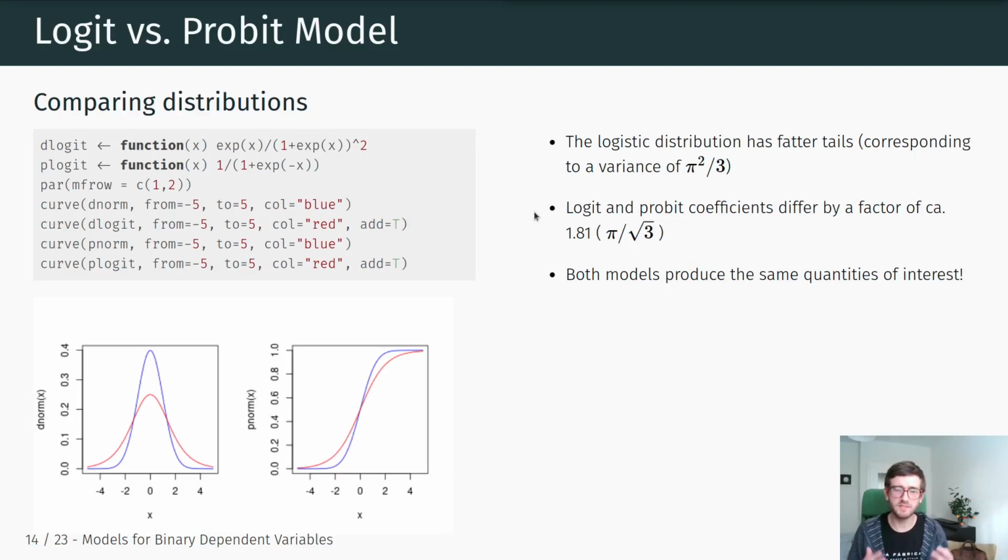Because of this difference in the densities and the resulting difference in the slope of this link function, and I'm going to show this in an example in some of the later videos, the Logit and Probit coefficients always differ by a factor of about 1.8, and that is just pi divided by the square root of 3. We're not going to go through the math of showing why that is the case.